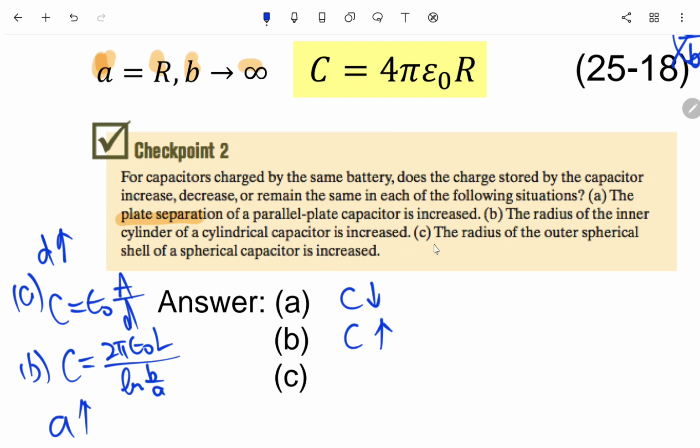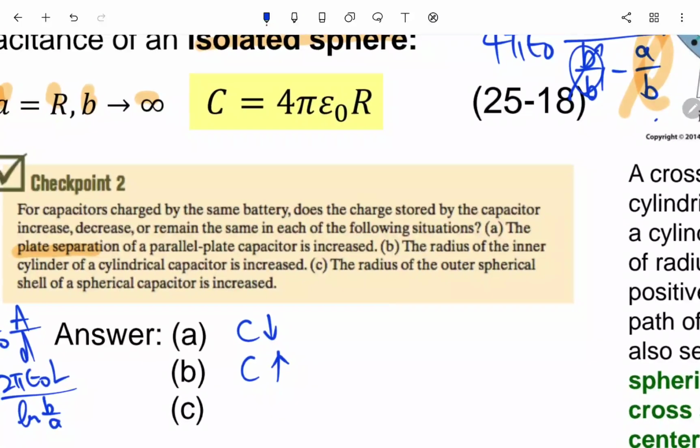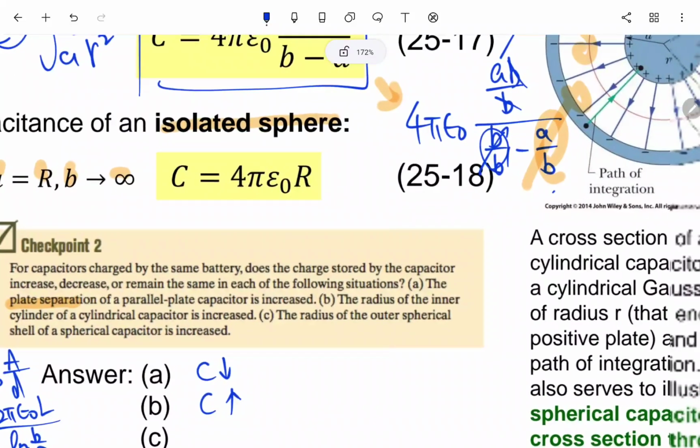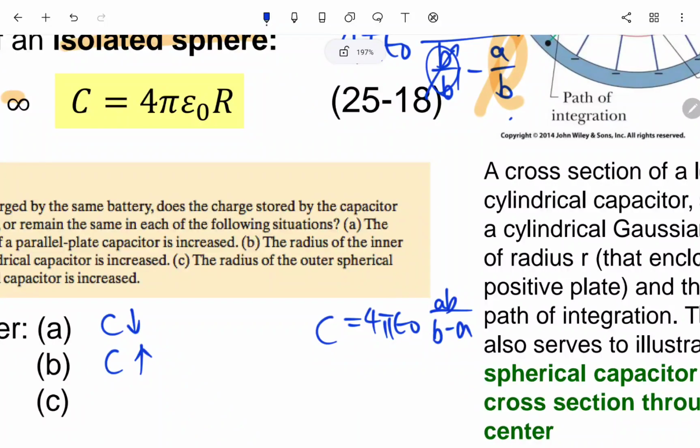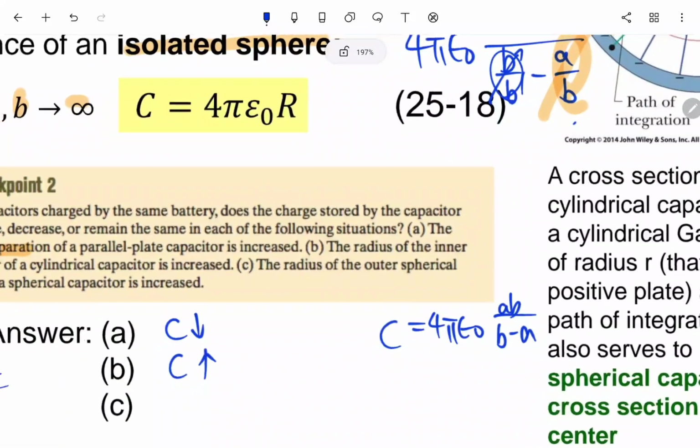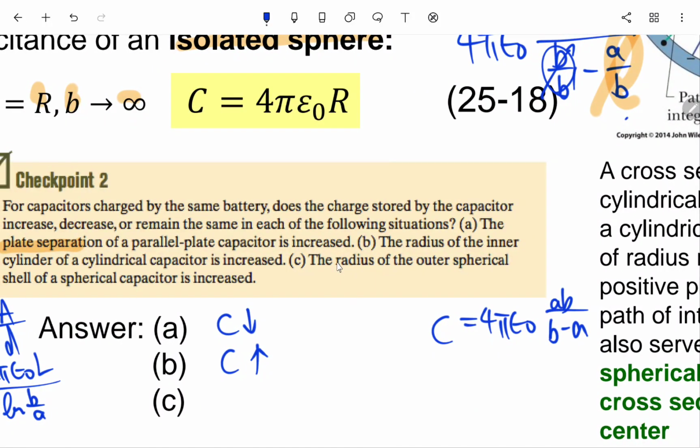Okay, for question C, the radius of the outer spherical shell is increased. Here C equals 4 pi epsilon naught AB over B minus A. So B increased.